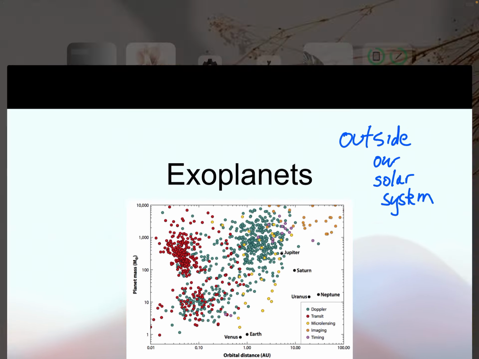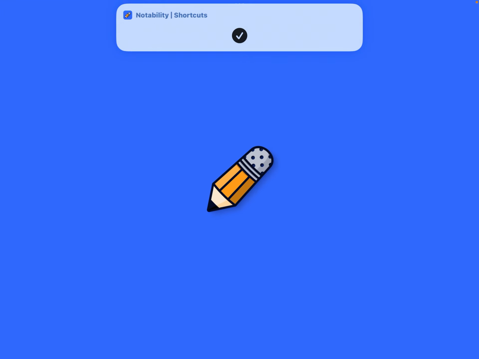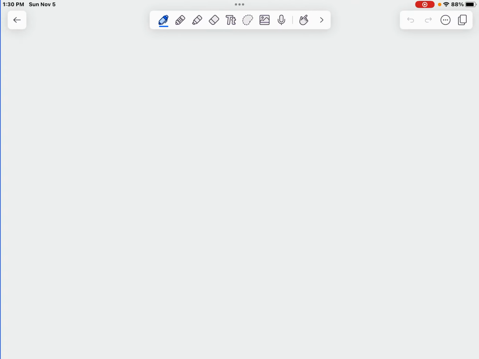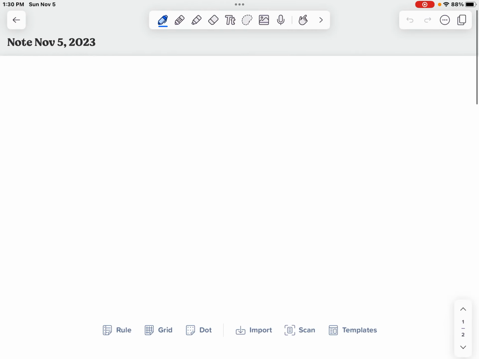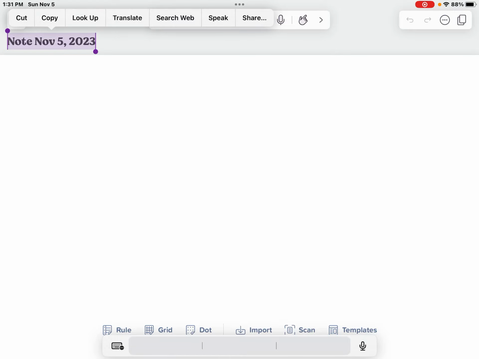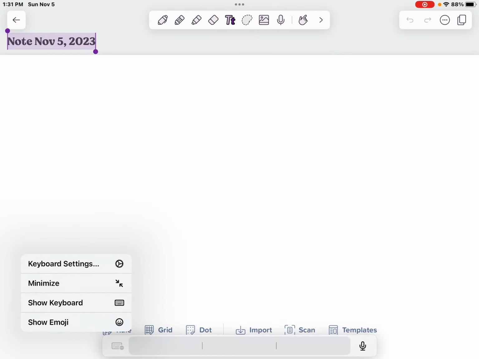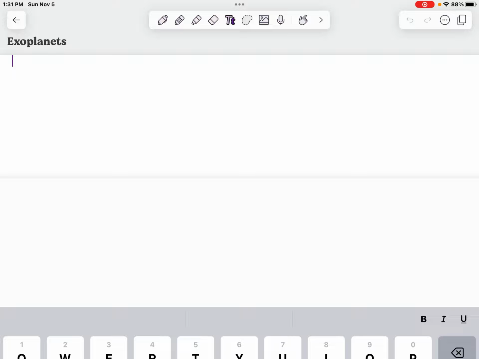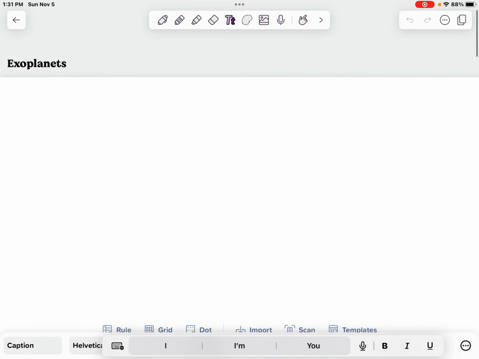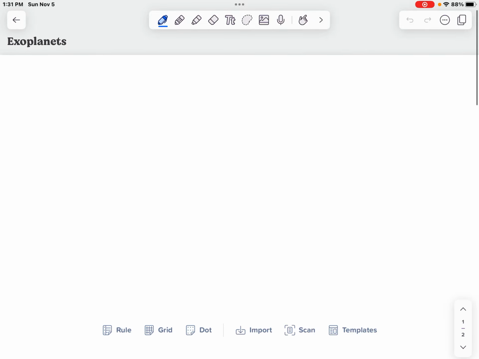And by the way, I want you to go ahead and open up a brand new Notability file and call it Exoplanets, so that you have a spot to take some notes.